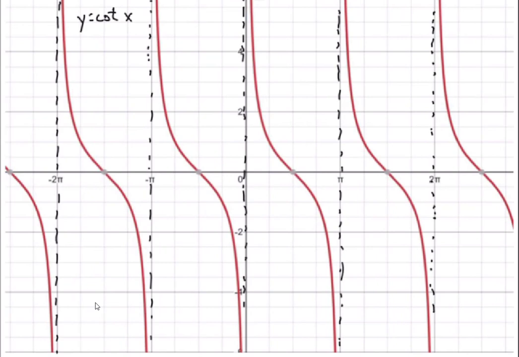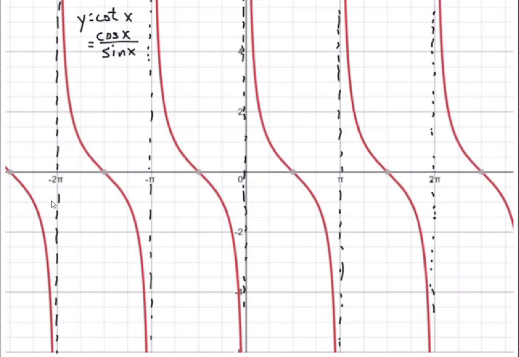Okay, cotangent x looks very similar to tangent x, but cotangent x is cosine x over sine x. And so it's going to have asymptotes whenever sine is 0, and that's going to be at 0, at pi, at 2 pi, and in the negative direction, negative pi, negative 2 pi.